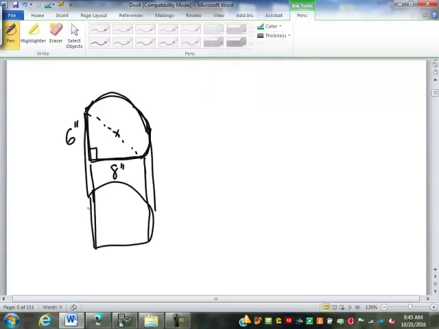Here, I'll draw this in colors. So this is 6 inches. This is 8 inches. The height we'll call 12 inches.